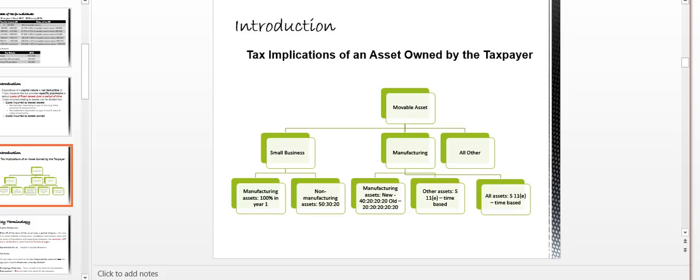So you just need to distinguish whether it is a manufacturing or non-manufacturing asset, and whether it's for a small business corporation or a manufacturing business. They will tell you in the test which one it is, but you need to know all the rules relating to all of these assets.